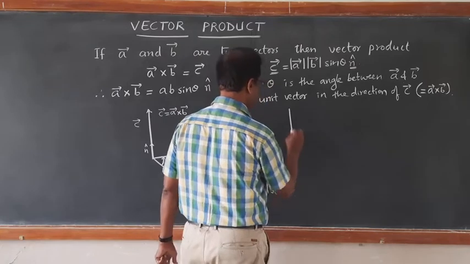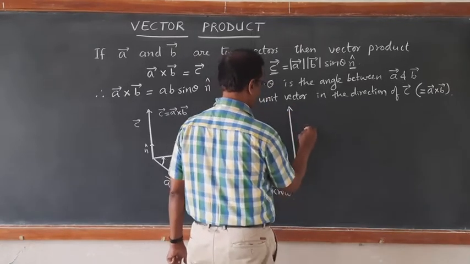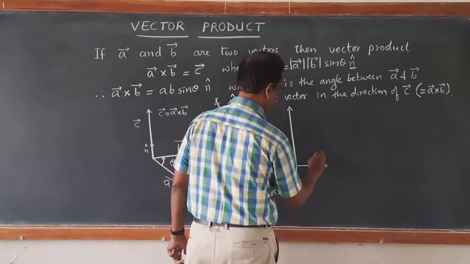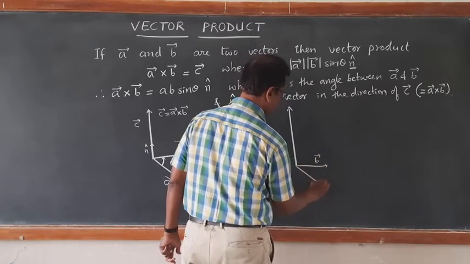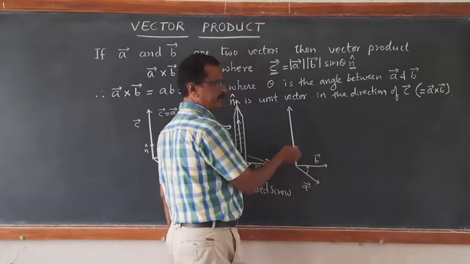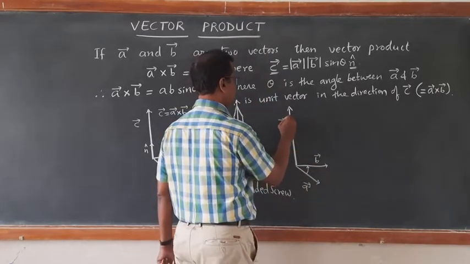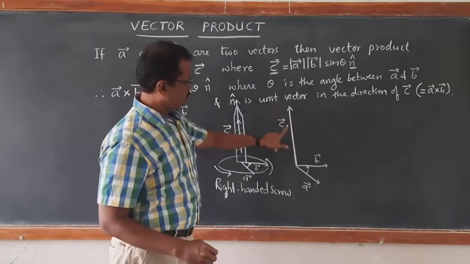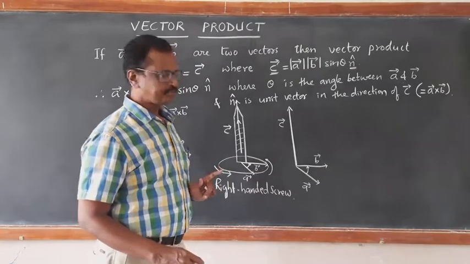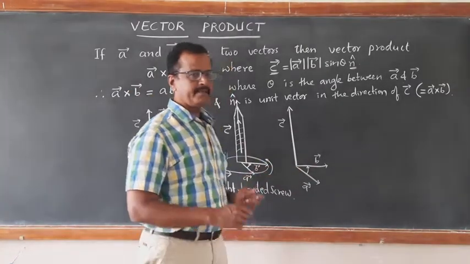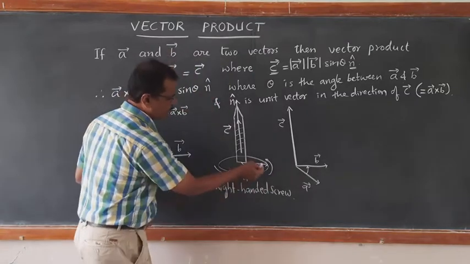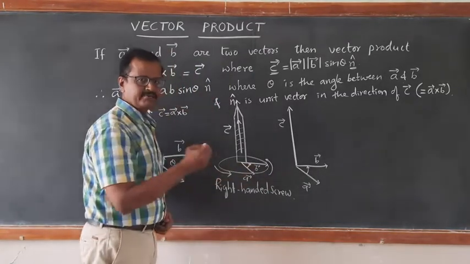Suppose I draw it separately. This is the thumb, this is vector B and this is vector A. Turn A towards B. Then it will be pointing in the upward direction, which means this resulting vector is perpendicular to both A and B. Think that A and B are lying in the plane of the head of the right-handed screw.